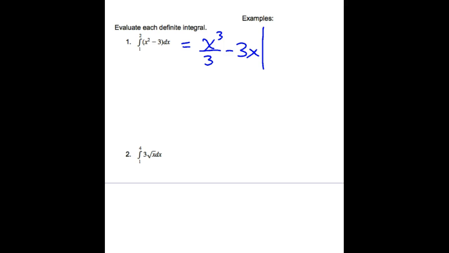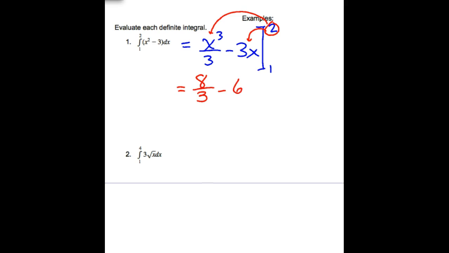You'll see it with a straight bar. I like to put a little bracket on it. I just like it better, but it doesn't matter. Anyway, and you put your limits on the outside. Then what do you do? Put the 2 in. Kind of think of the top falling in there first so you don't accidentally put the bottom limit in, but 2 is going to get dumped in first, and we're going to go 2 cubed is 8 minus 6.